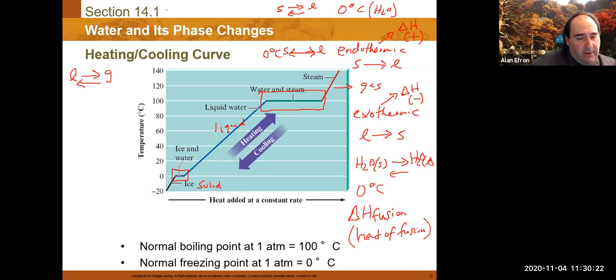This also occurs at the same temperature, and that is the normal boiling point for a substance. So for something like water, that's 100 degrees Celsius. And just like at 0 degrees Celsius, at 100 degrees Celsius, you also have both of those phases happening at once.